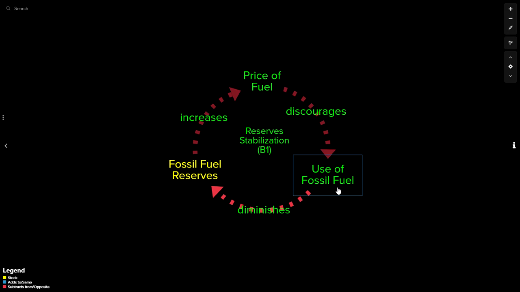The declining use of fossil fuel would not actually increase the fossil fuel reserves, because of the nature of fossil fuel reserves being a stock. It's something that you add to or subtract from, and diminishing the use of fossil fuel in this particular set of relationships doesn't increase the reserves. The reserves would have to be increased by some other relationship that's not part of this particular diagram.